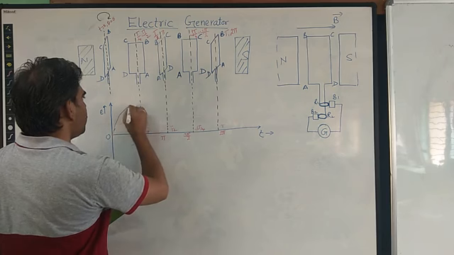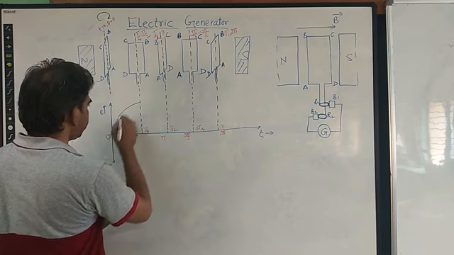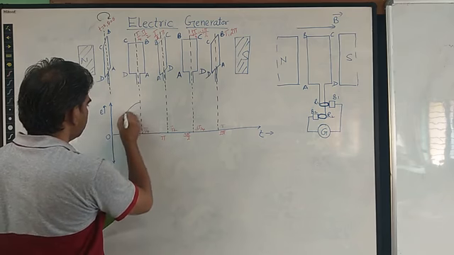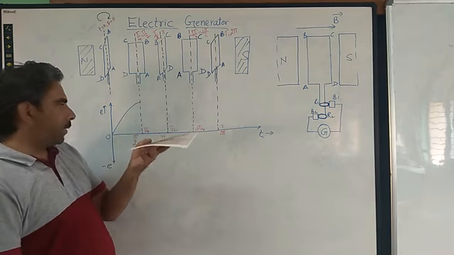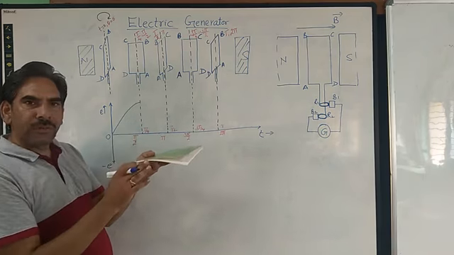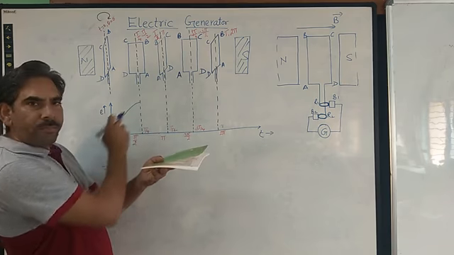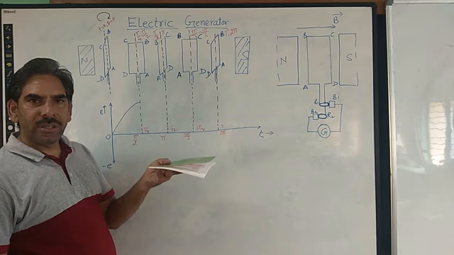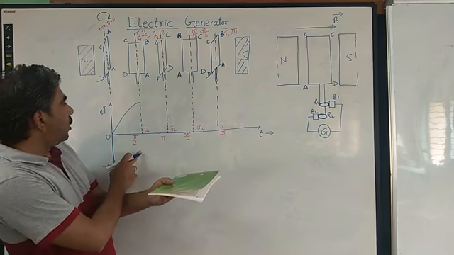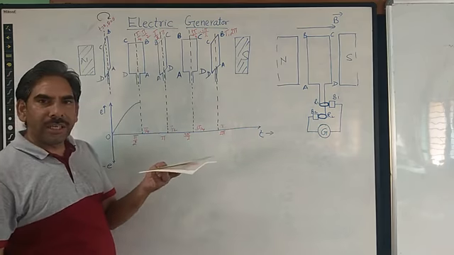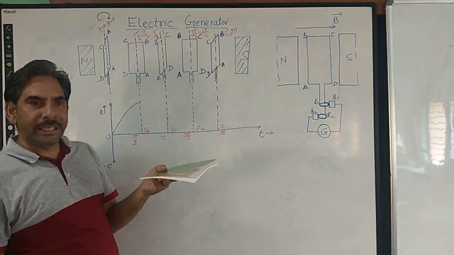As the coil rotates by an angle of 90 degrees, the rate of change of flux is maximum, and hence the EMF induced is also maximum. So this is for the rotation of angle equal to pi by 2, or we can say 90 degrees.